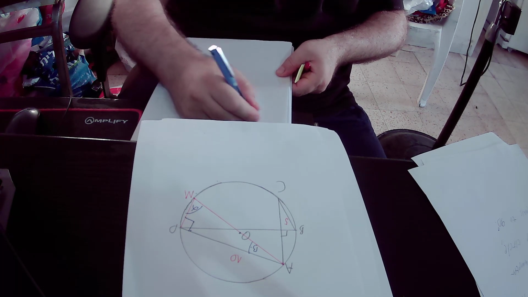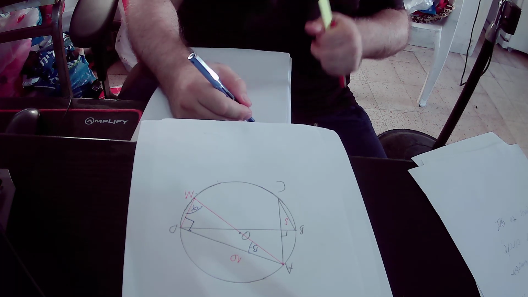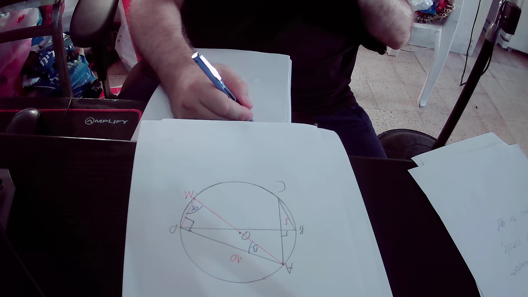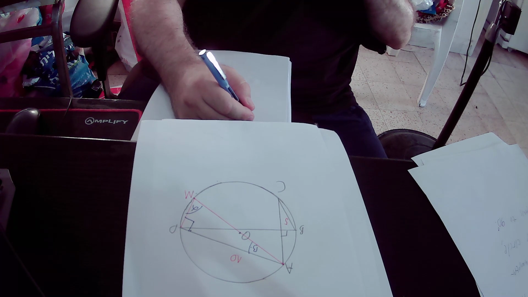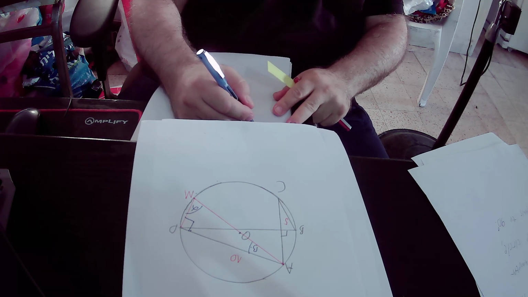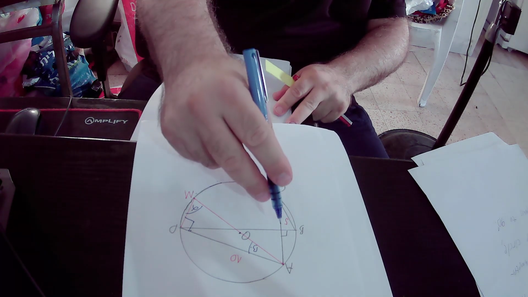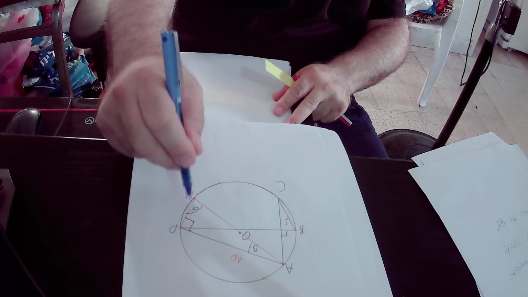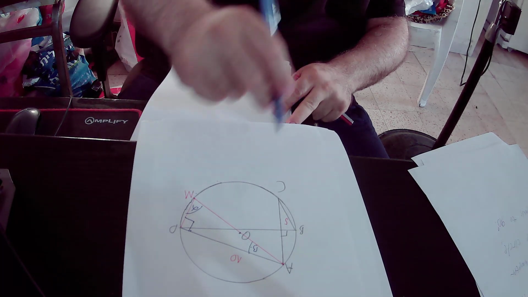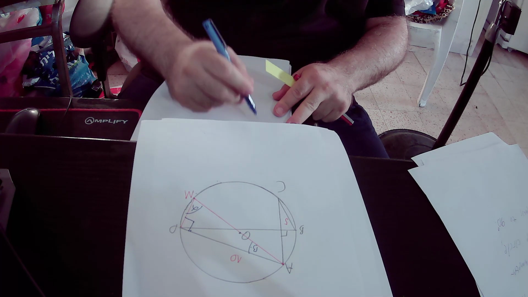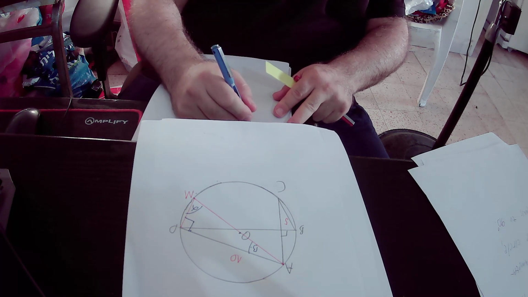that in any triangle, the sum of the angles equals 180 degrees, especially in the right triangle AMD. So I will write it down.